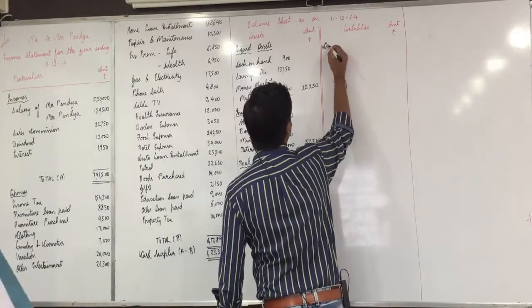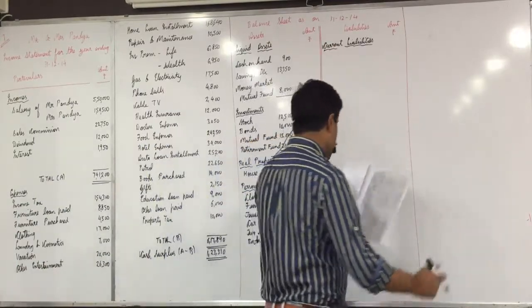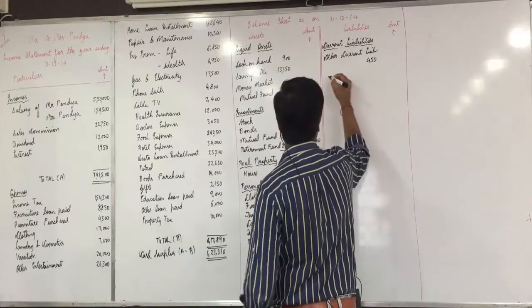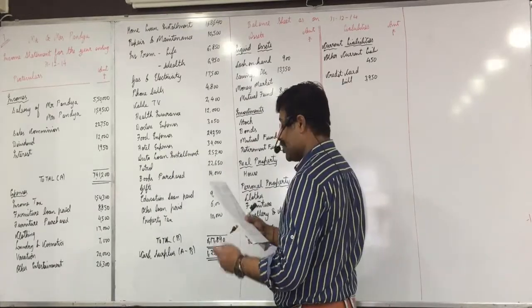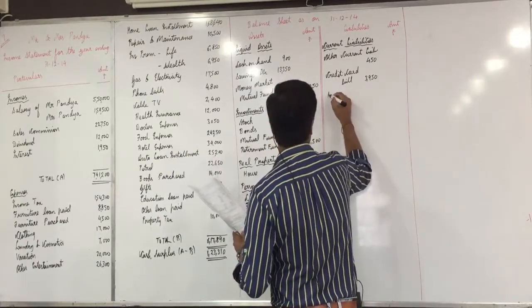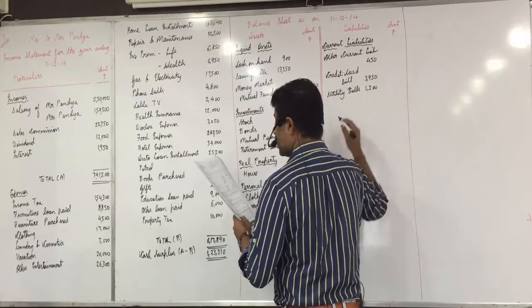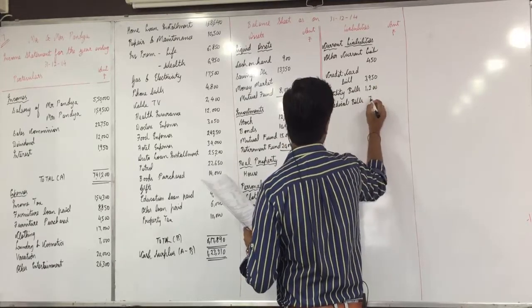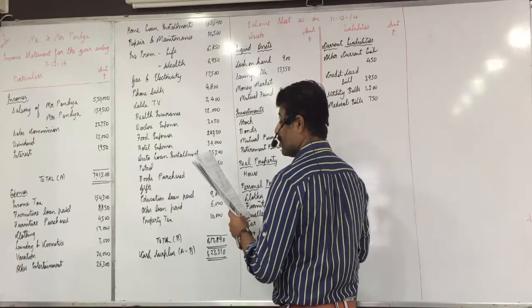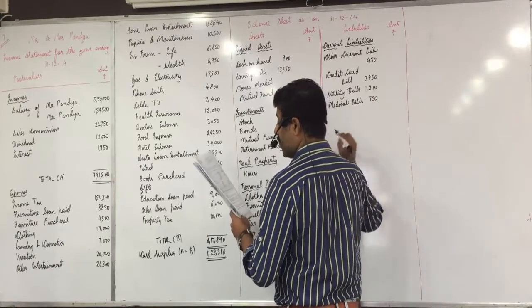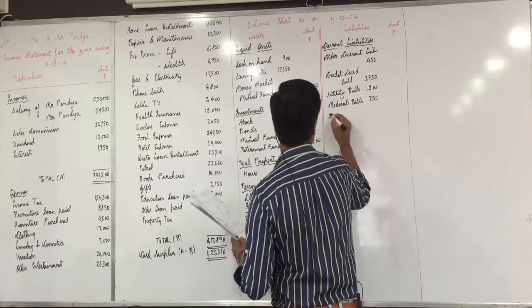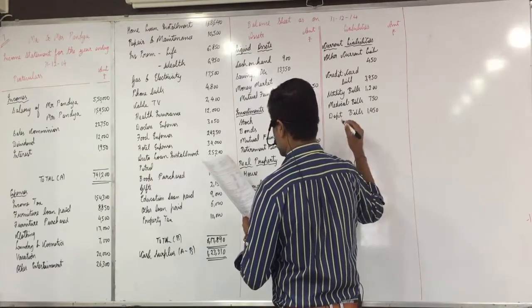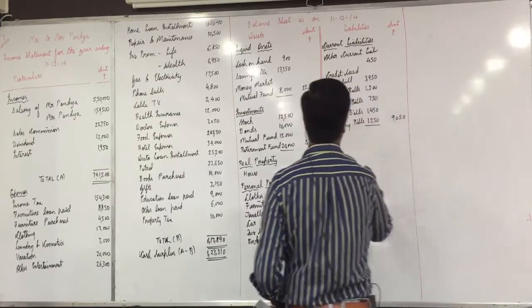Now current liabilities. Other current liabilities 450, credit card bill outstanding 3,950, then directly in adjustment 1, utility bills 1,200, medical bills 750, you will find it in adjustment 1, then departmental store bills 1,450 and shopping cart bills 1,250, total 9,050.